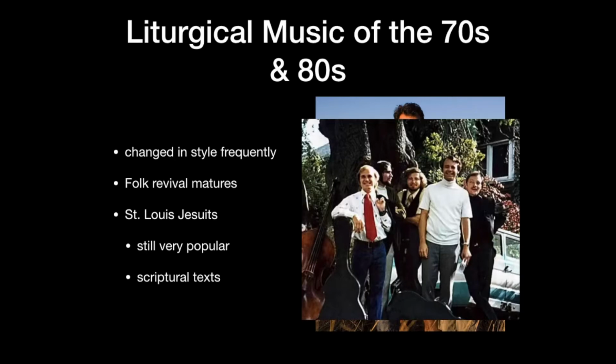But they're using more scriptural texts. Their music, I have also on the playlist, some of the songs I've already played in class, like Be Not Afraid, but also some music still popular today, like City of God, for example.